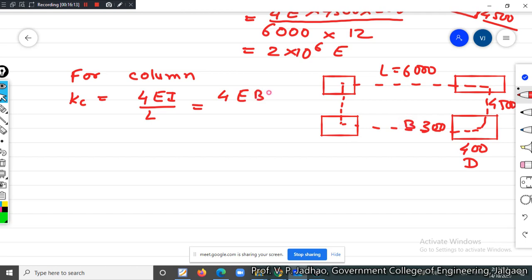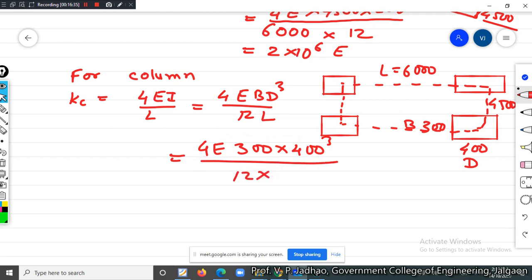So this is equal to 4E times B, which is 300, multiplied by depth 400 cube, divided by 12 into length. For length you should consider the height of your column, which is given in the problem as 4 meter. Therefore 12 into 4000. So the stiffness of your columns comes out to be 1.6 into 10 raised to power 6 into E. This is the value of stiffness of column.